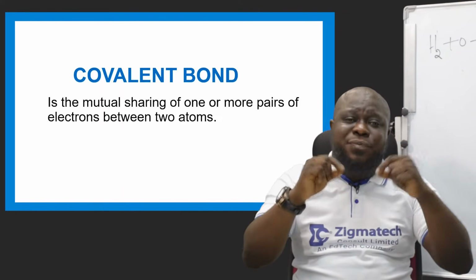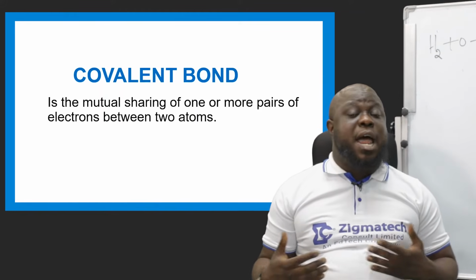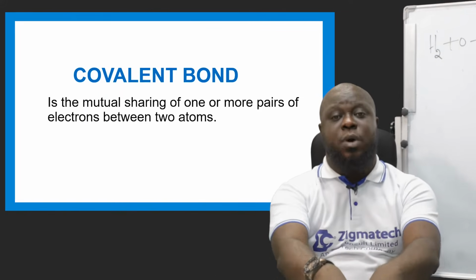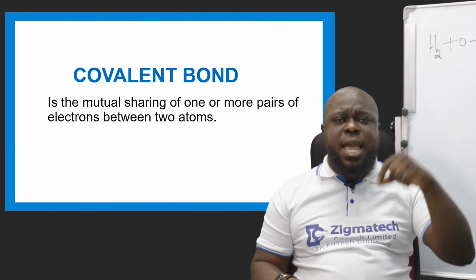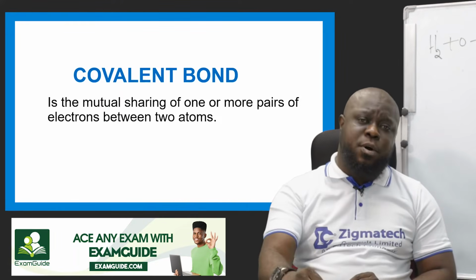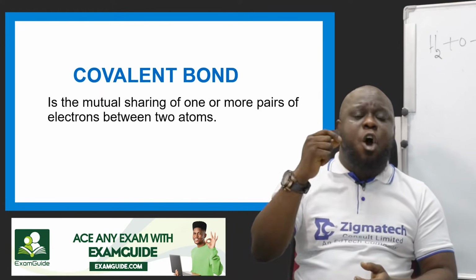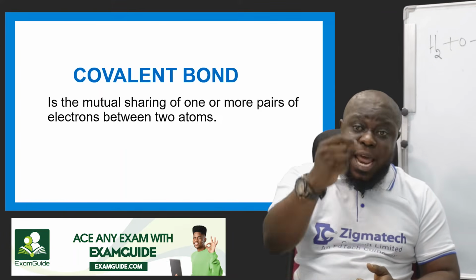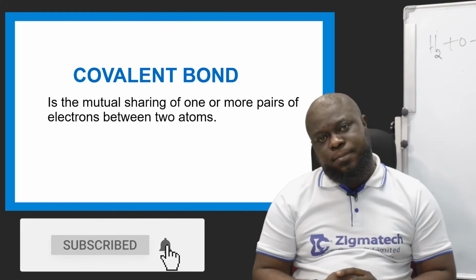If the sharing of electrons is not equal, like for example hydrogen and oxygen producing water, they are not equal. Hydrogen is 2, oxygen is 1, so they are not equal. If this occurs, it becomes a non-polar covalent bond. That means a non-polar covalent bond is the unequal sharing of electrons between two atoms. Take note.